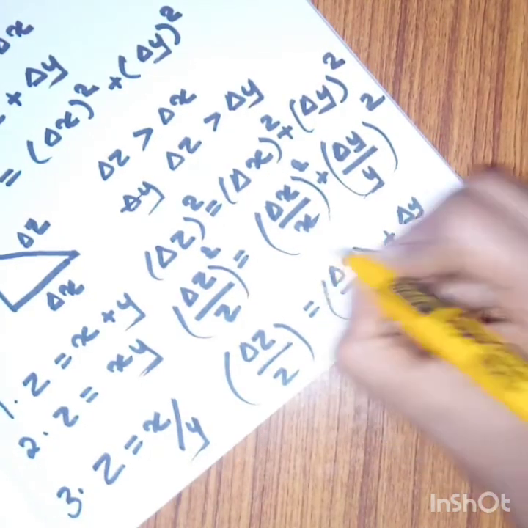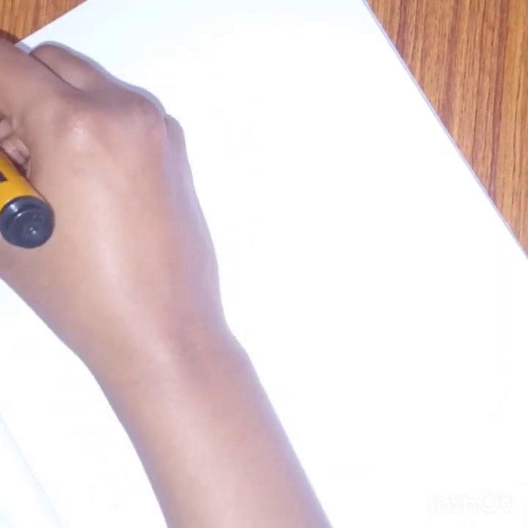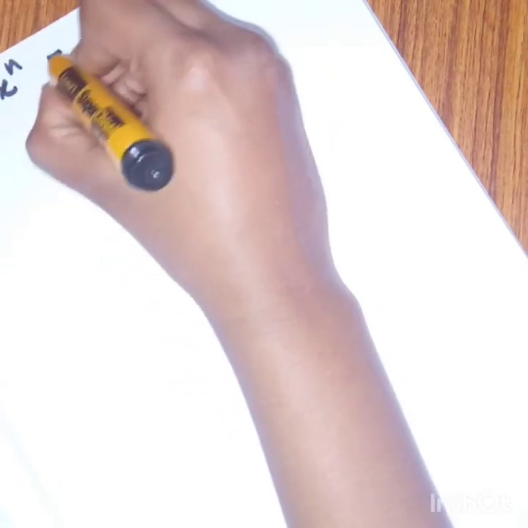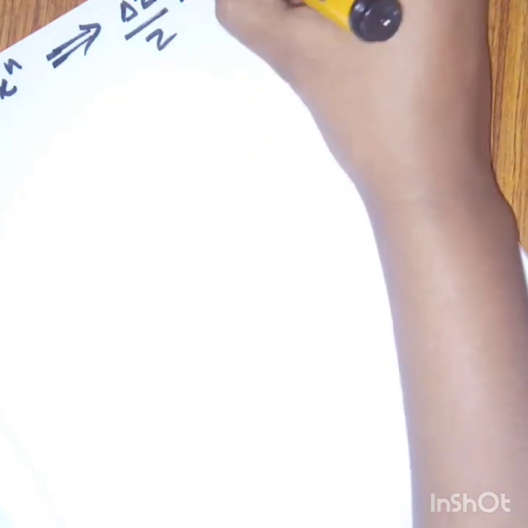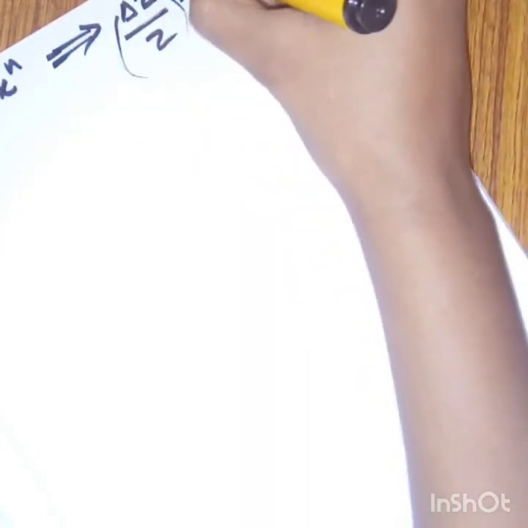Square each term. The last one is exponential rule. Z is equal to x power n. Then it implies delta z by z is equal to n delta x by x. Square each term, square n also.